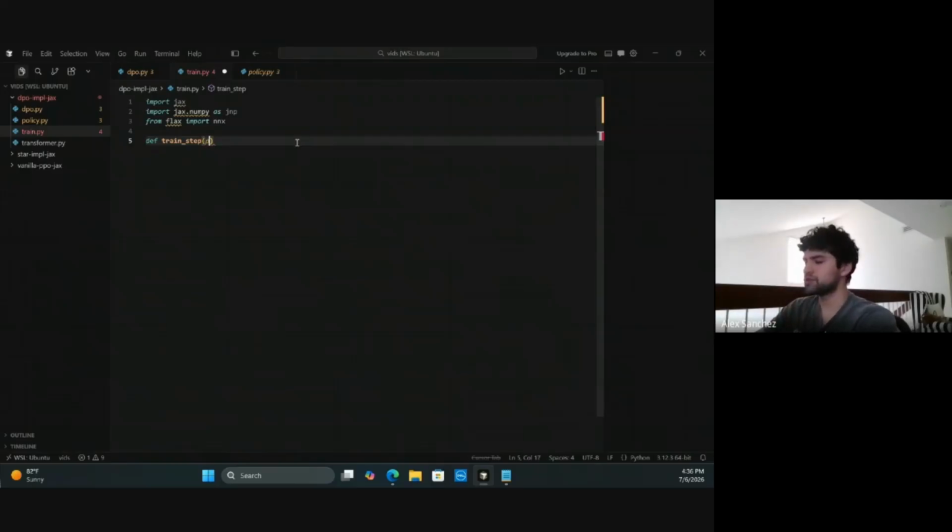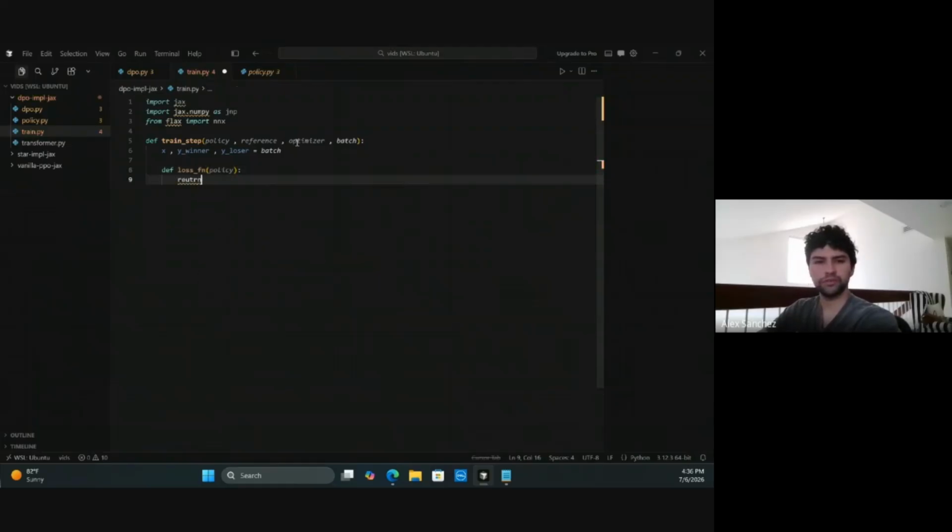Here we're going to pass full models. Forget about graph defs, forget about states. We're going to let nnx deal with that. And we're going to pass in the data. Here is our batch, and we unpack this from the batch. Then we define a loss function, and we're going to pass in the policy, since that is the model that we're actually training.